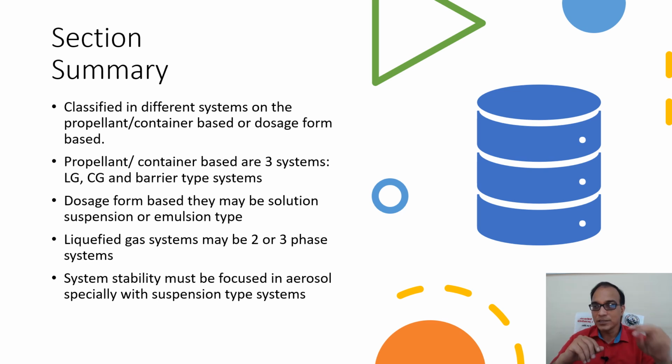Propellant based systems like three-phase system, two-phase system, or the dosage form based systems, propellant container based systems, and liquefied gas system. It may be a two or three phase system, and system stability must be focused on in aerosols, specifically with suspension type systems. So classification is very important to learn when you are preparing for your examinations. Okay.